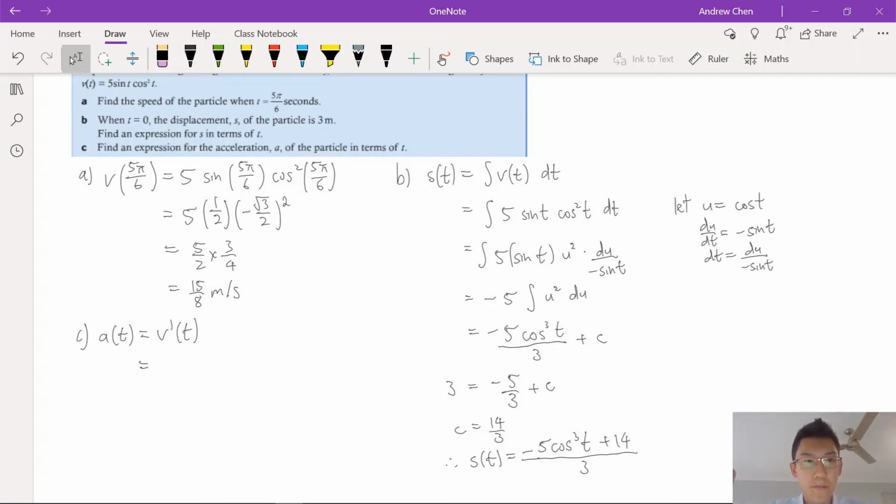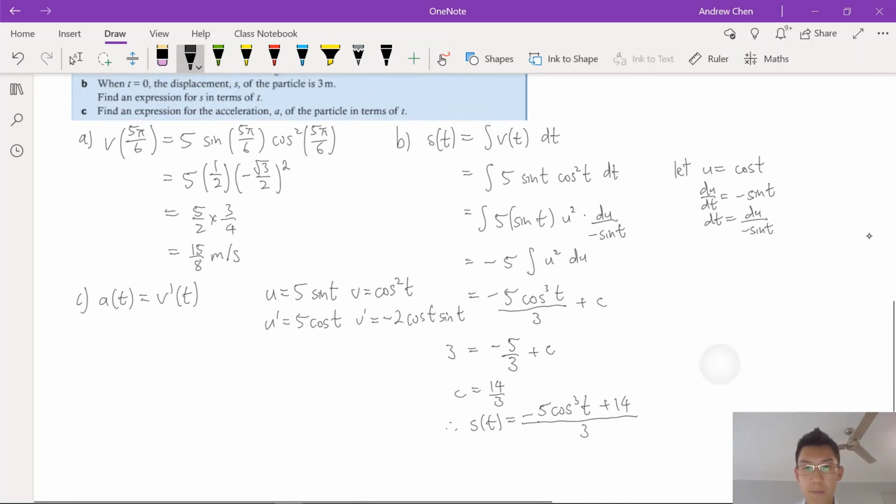Let me do it this way for this example. Let u equal 5 sine t and v equal cos squared t. To save time, the derivative of u is going to be 5 cos t. The derivative of v is going to be negative 2 cos t sine t.